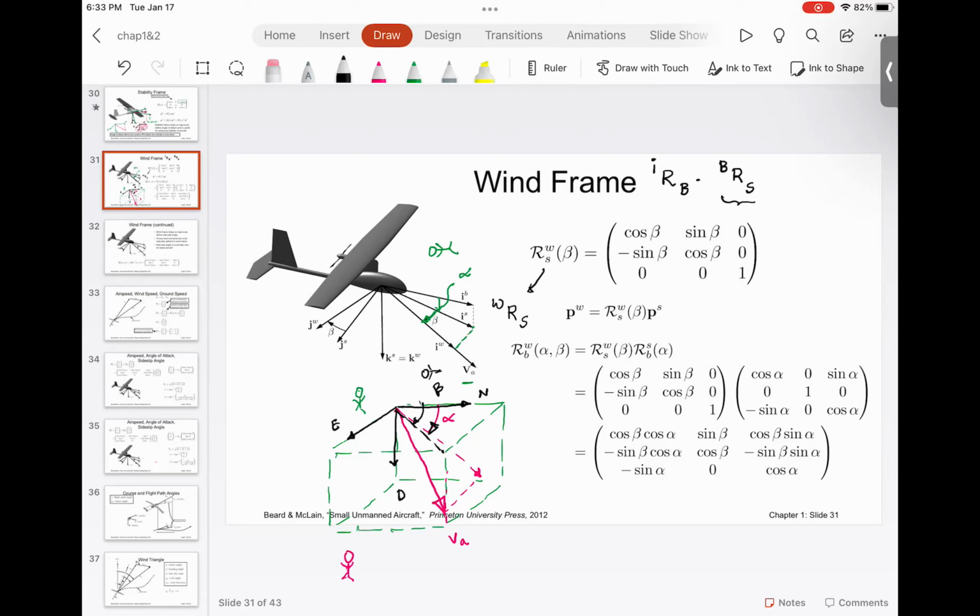This captures alpha. And the last frame that we have is stability frame, rotation, and to wind frame. And that gives me the value of the side slip angle, which is beta. Everyone understood this? Yes.